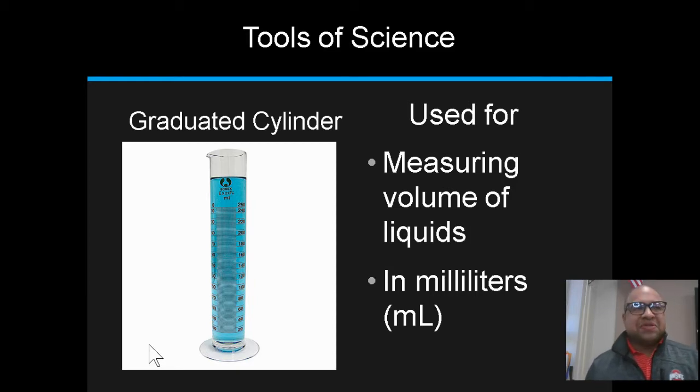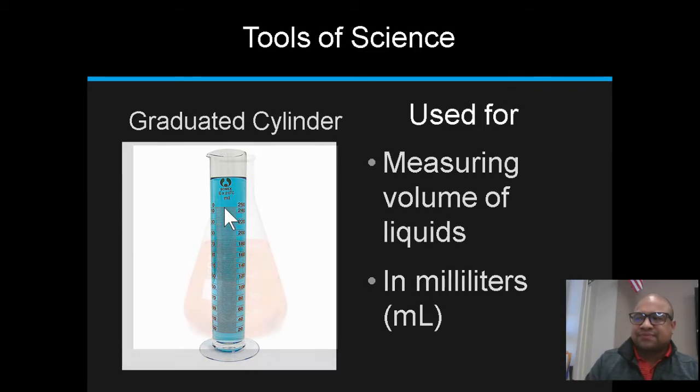Now, if we use a glass graduated cylinder versus a plastic, the liquid inside can behave a little differently. A glass one will typically form some kind of curve in the center where the liquid dips down. That's due to the bonding of the liquid to the surface. That little dip down is what we call a meniscus. Nothing you have to worry about, but just realize when we measure volume, we measure the middle part of the liquid as it falls on that line.